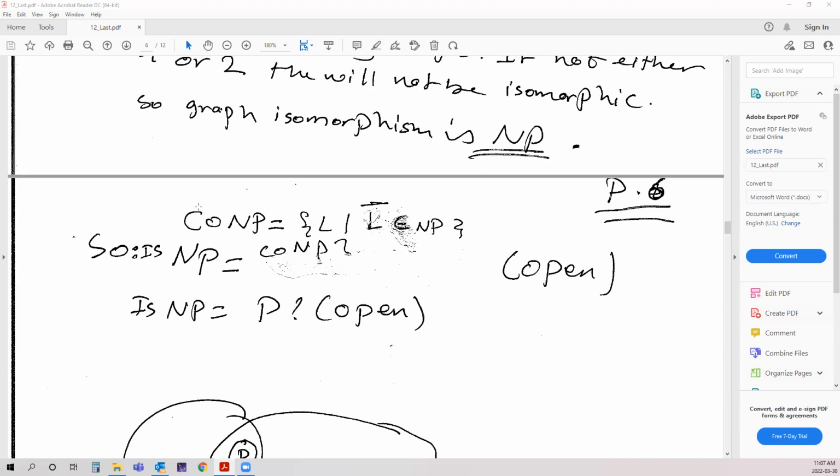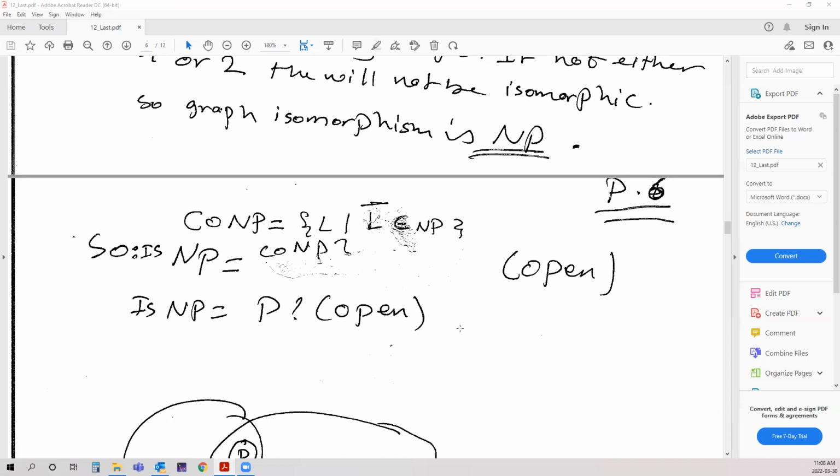Then we have the complement of NP. If this problem is in NP, what is the complement of it? It will be the language L where the complement of that language belongs to NP. So is NP equal to the complement of NP? Is NP equal to P? We talked about this one, but also here, is NP equal to the complement of NP?